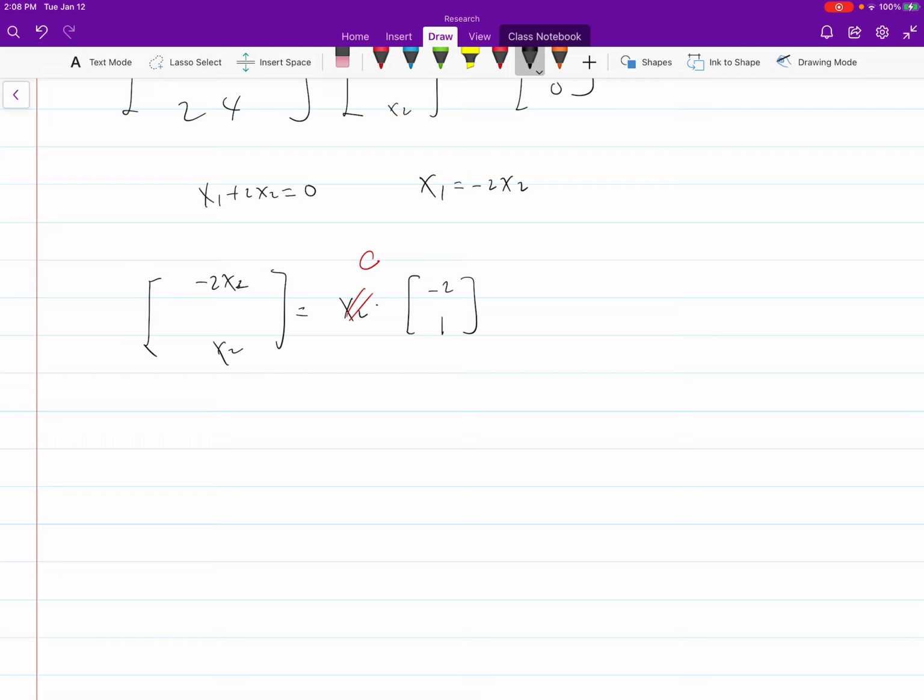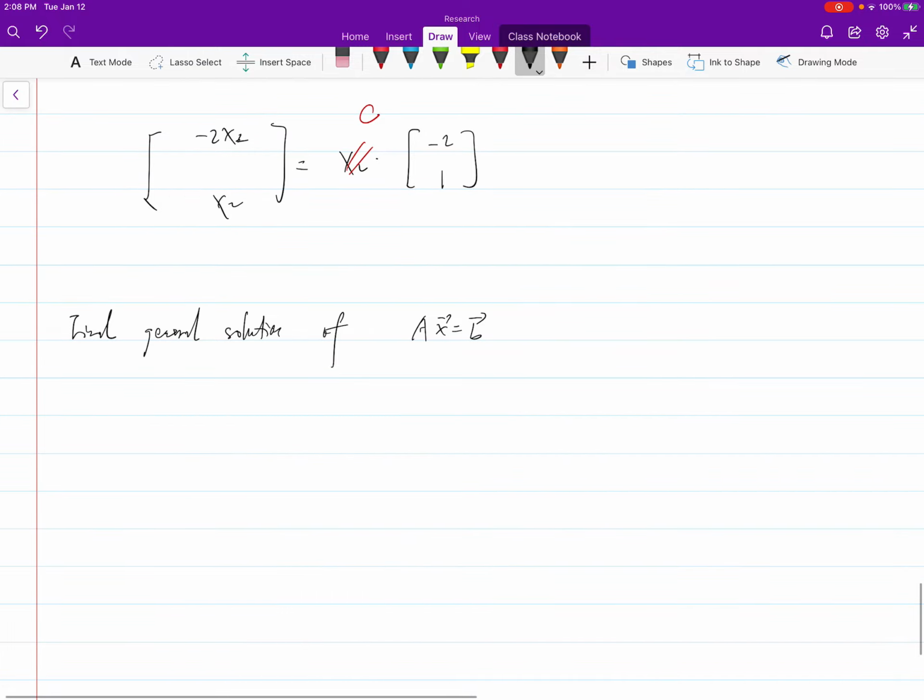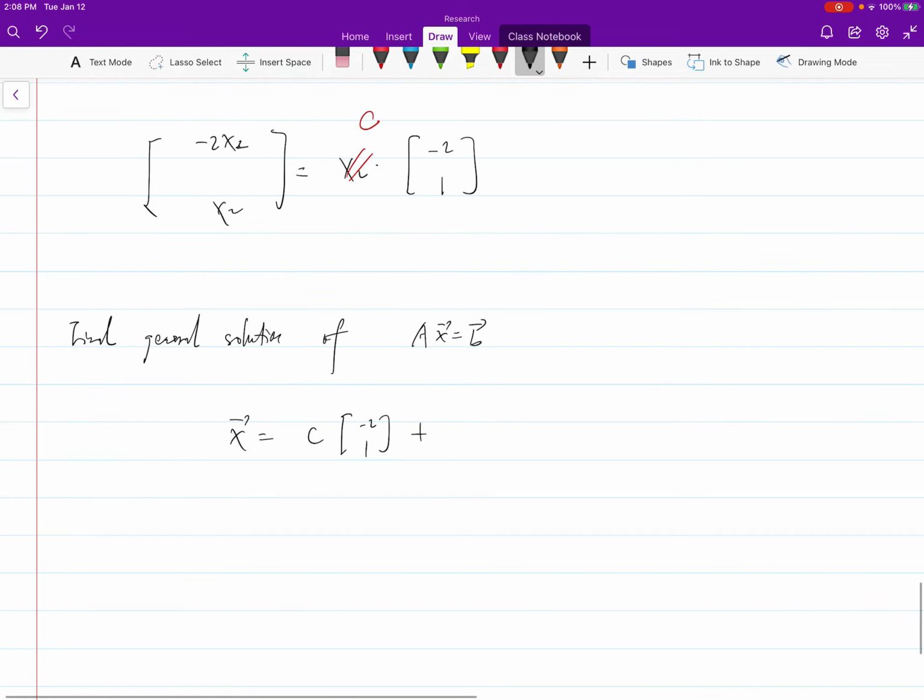So finally, what's your final general solution of Ax equals b? That will be the part of Ax equals 0, plus the part which is special.